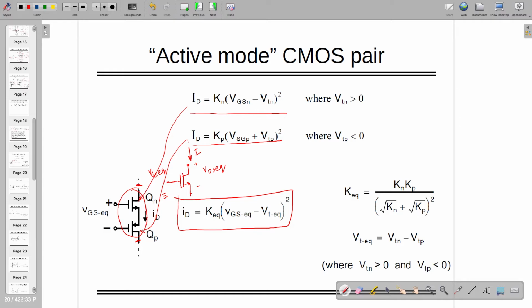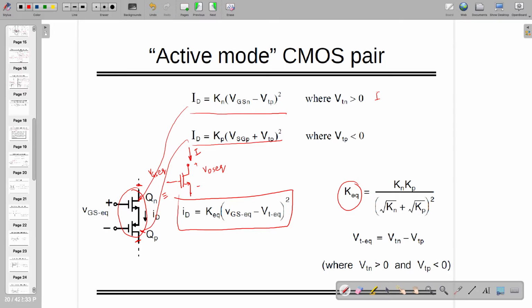When you want to find an equation where K equivalent has to be in terms of Kn and Kp, is it possible to find that? Look, I have three equations where these currents are the same, all ID are the same, right?